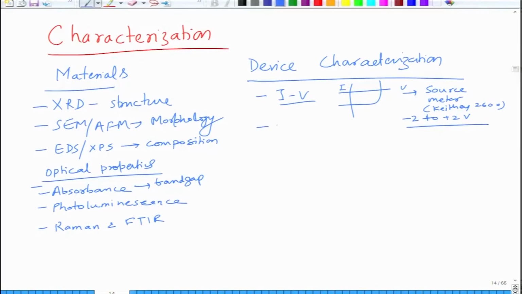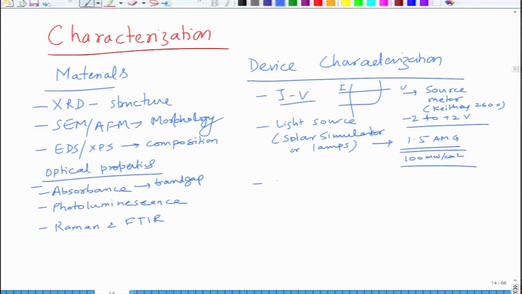Then we require a light source, and these light sources are called solar simulators, or one also uses customized lamps which mimic the solar spectrum, or which can provide a certain spectral range within which you make the measurement. Generally we make the measurement at 1.5 AMG, which is equal to 100 milliwatts per centimeter square. We also need to make EQE, that is external quantum efficiency measurements.